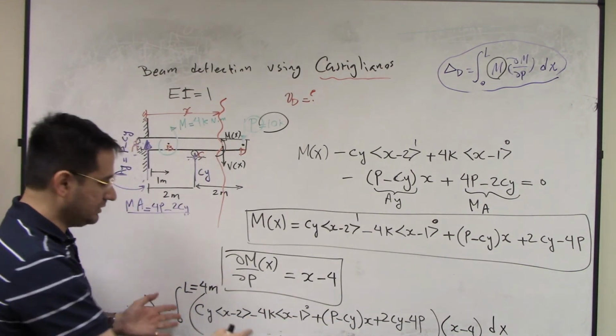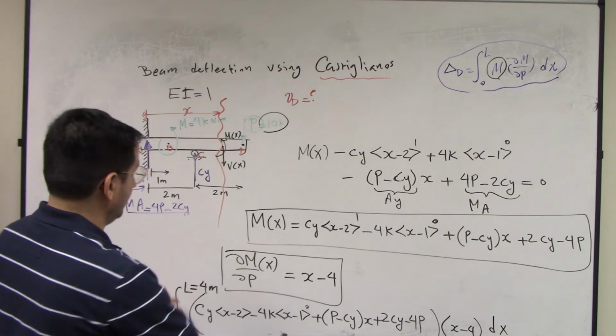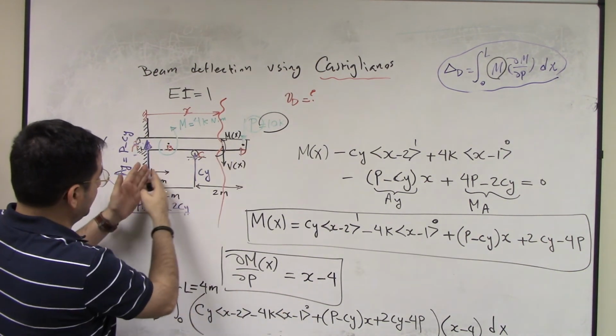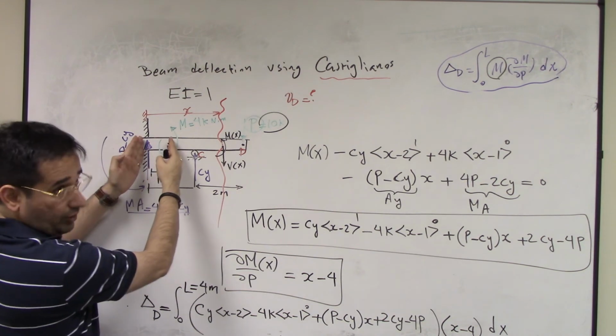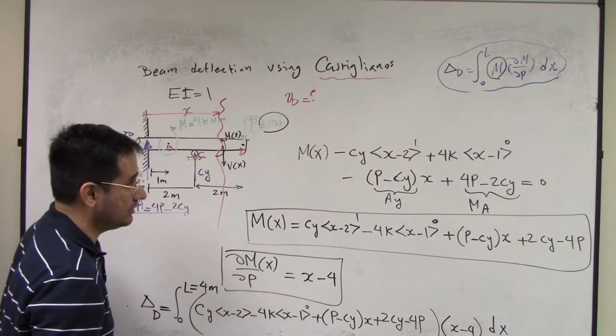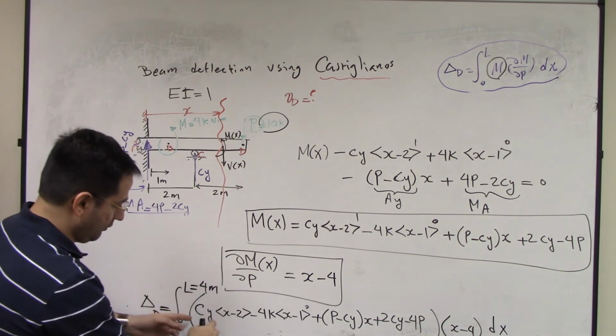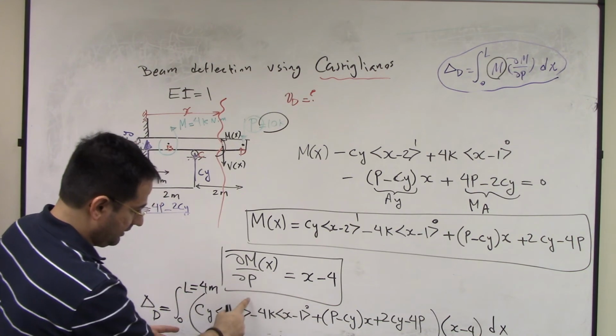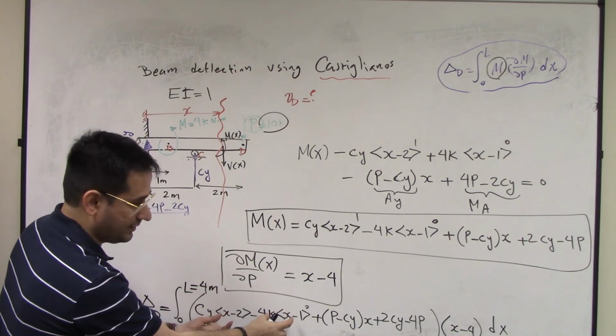This integral is very easy to take. You say that this integral from 0 to 4 is the integral from 0 to 1, and then you simplify this between 0 and 1. If this is between 0 and 1, this term is not there, this term is not there because the argument is negative.